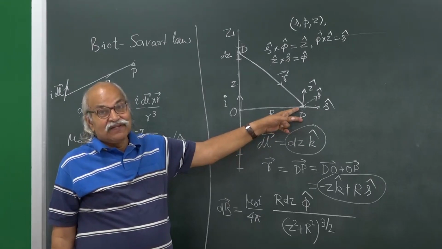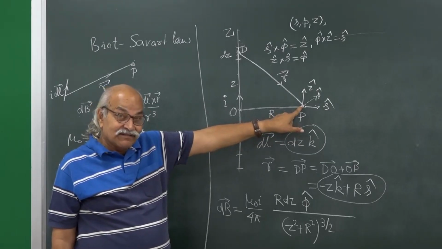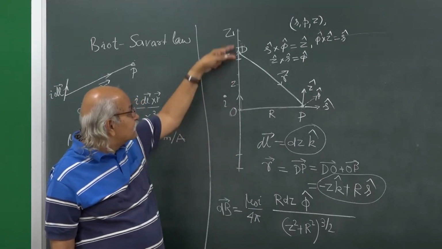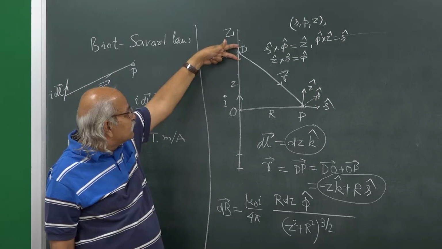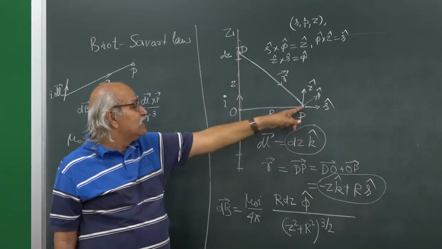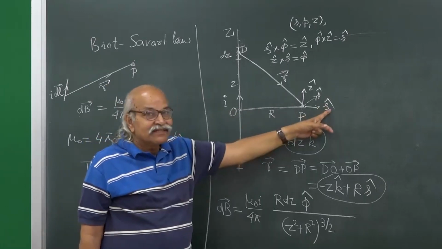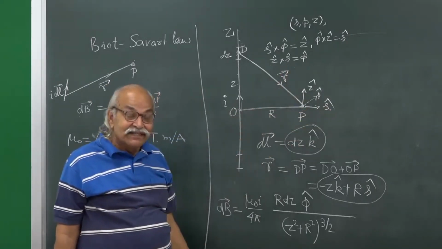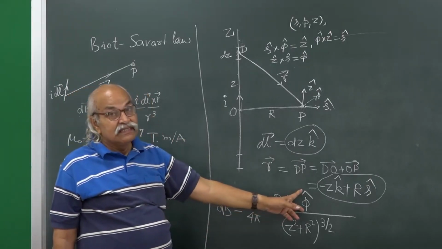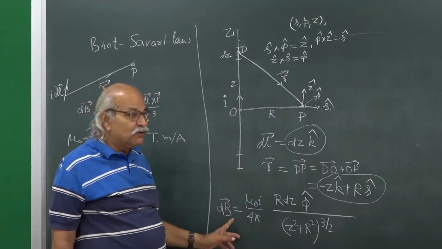S comma phi comma z is the coordinate of this point P, and this point P is fixed. I am changing the elements, but the point P is fixed, origin is fixed, z axis is fixed, and therefore s cap, z cap and phi cap are fixed. For this particular example, this phi cap is not changing during the integration.